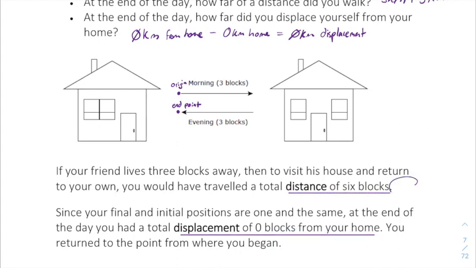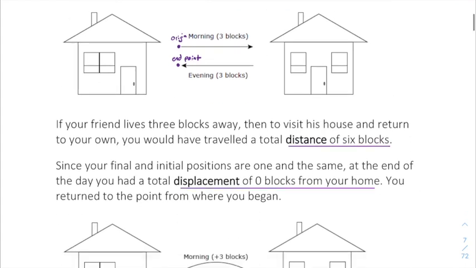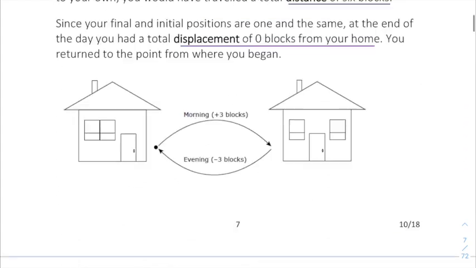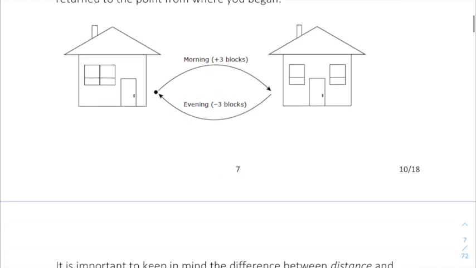Notice that in 6 blocks, there's not a descriptor of the direction that you traveled, because we don't talk about direction as much in distance. The initial displacement is plus 3 blocks, and the displacement back is minus 3 blocks. So when you add up the total displacement, you'll also get to 0.